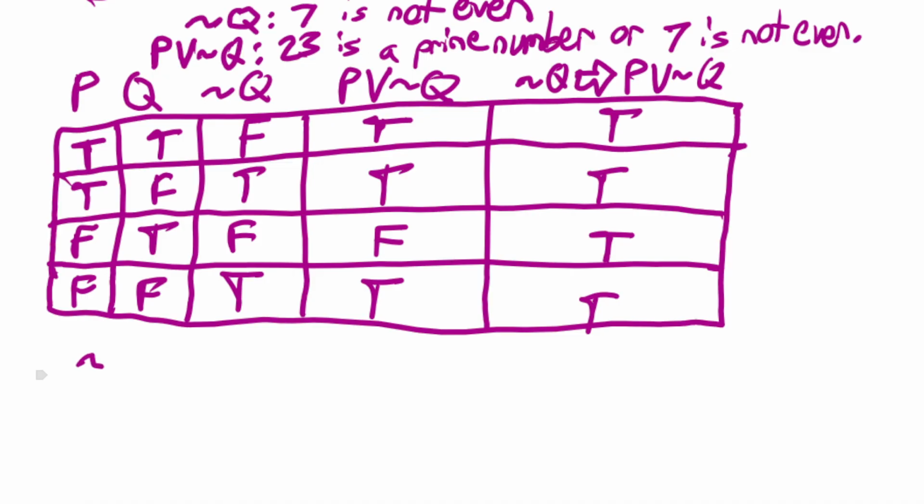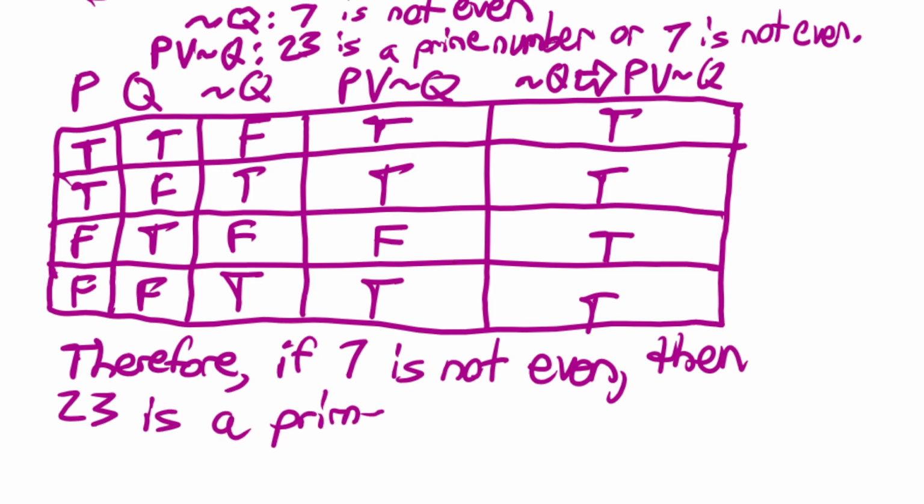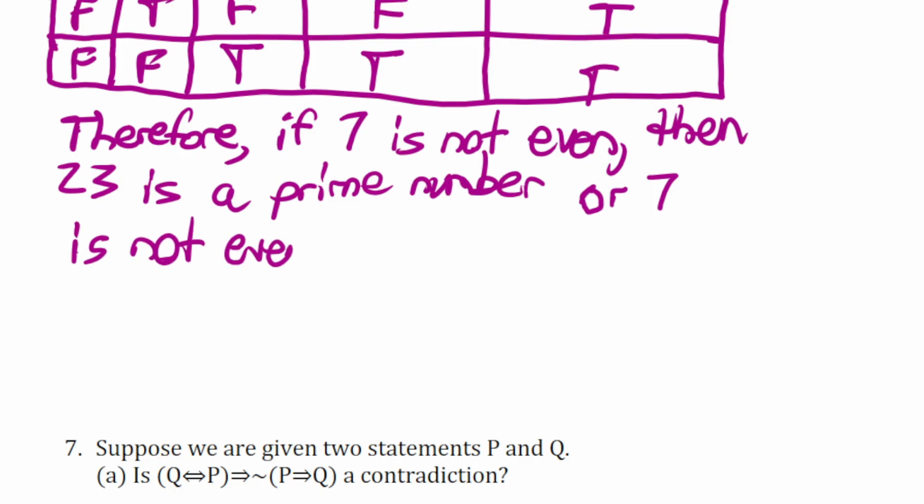So let's write it out in words. Therefore, if 7 is not even, then 23 is a prime number, and this is a disjunction, say or 7 is not even, is a tautology.